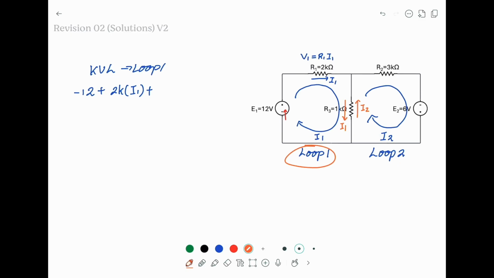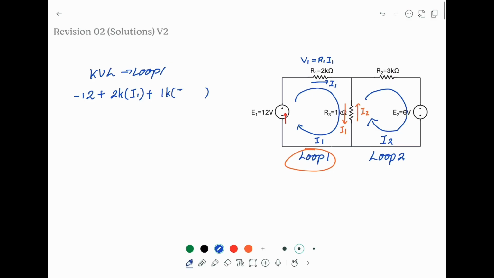So we can say the voltage across R3 is equal to the resistance 1K ohm, and the current is I1 minus I2. So this is equal to 0. This is our equation 1.